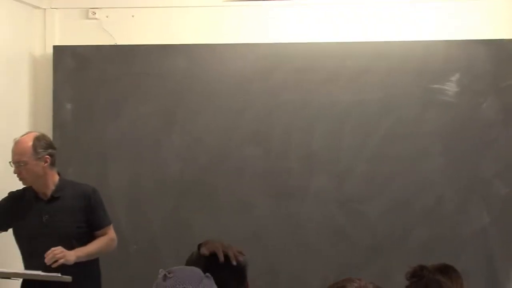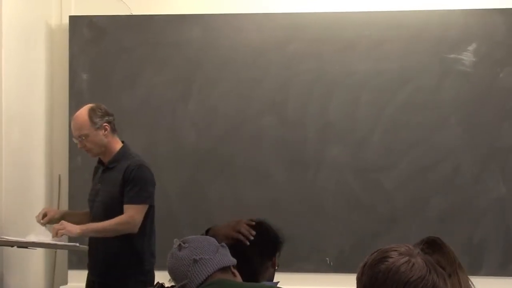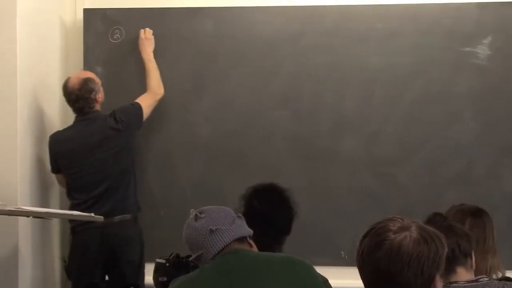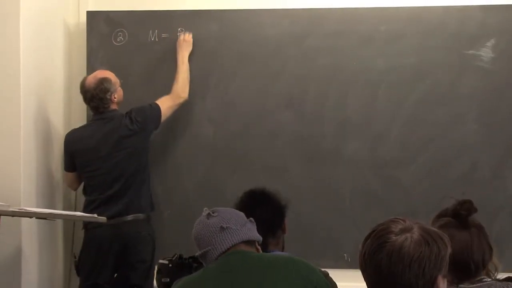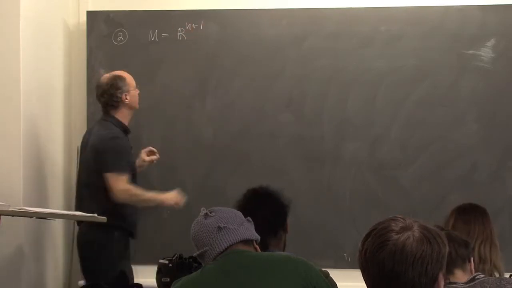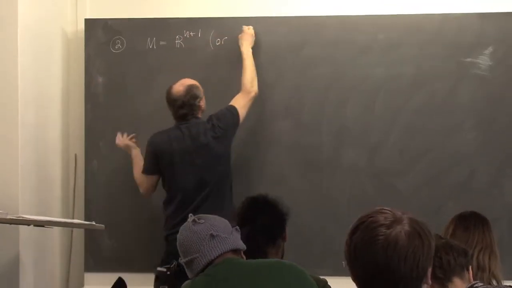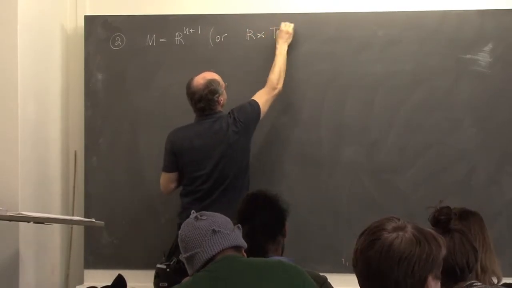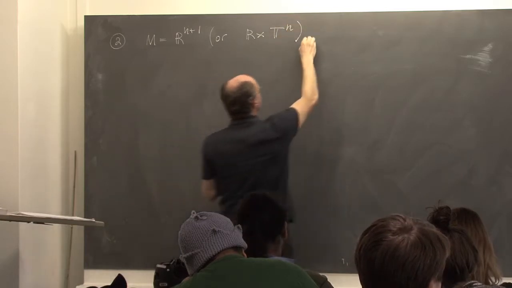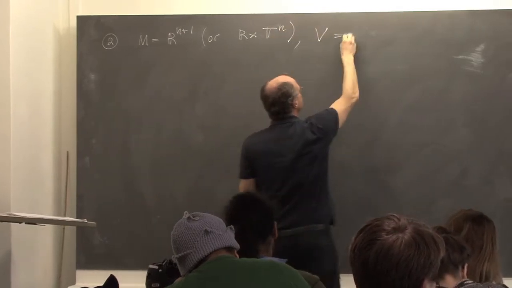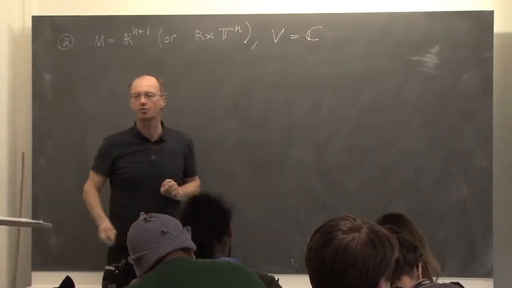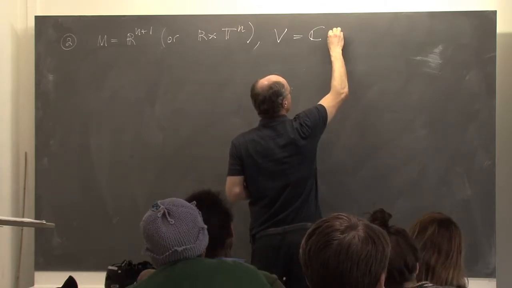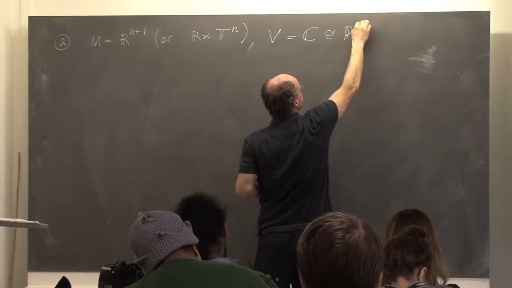Let me do one more example of the same type. So it's again M being R^(n+1), or perhaps better, R times an n-dimensional torus. And now I'm going to take V to be complex numbers, but we always considered all our vector spaces over R, so we're going to identify it with R^2.